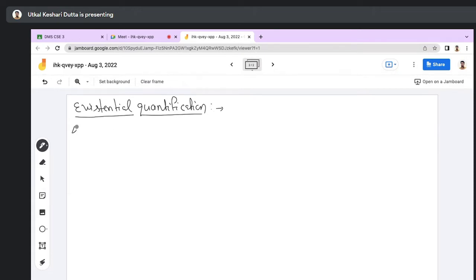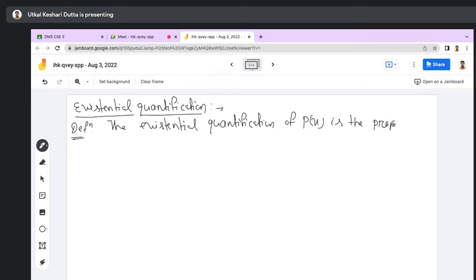The existential quantification of a predicate P of x is the statement or proposition.